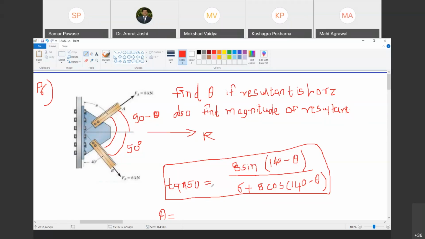Tan 50 is equal to, for the equal to sign you have to press alpha equal to.